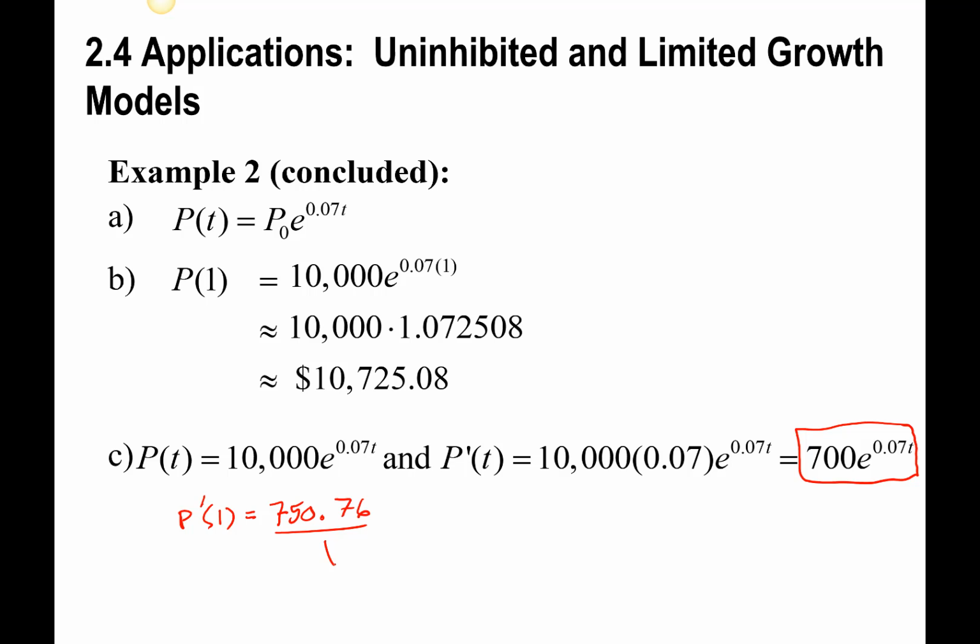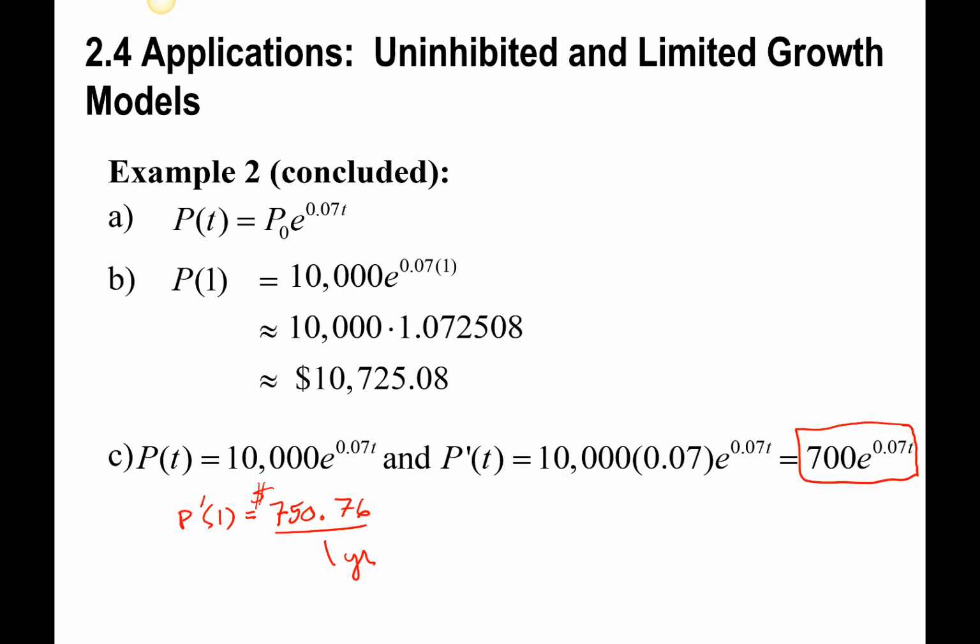The x values are the year, so over 1 year, this is going to change by $750.76. What this means is, at the end of year 1, as you move to year 2, it's going to increase by $750.76.